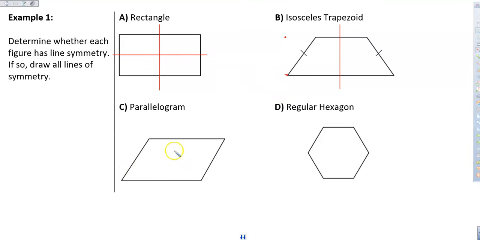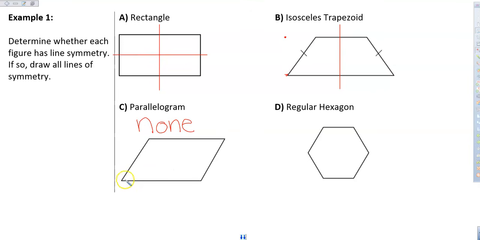A parallelogram has no lines of symmetry. I can show you this in class. But if you try to cut out a parallelogram, you can use your paper and just cut off some corners, not your notes paper, of course, and see if you can fold along the diagonals.